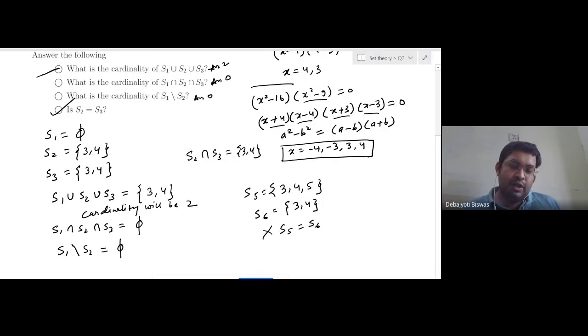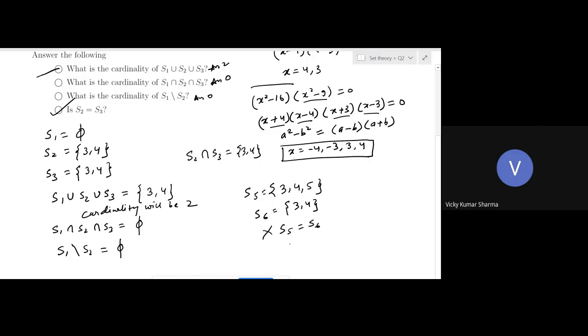Why? For two sets to be equal, all the elements should be the same between those two sets. S5 has the element 5, which is not there in S6. S6 is actually a subset of S5. So if I have to write this, S6 is a subset of S5. So is this an answer?